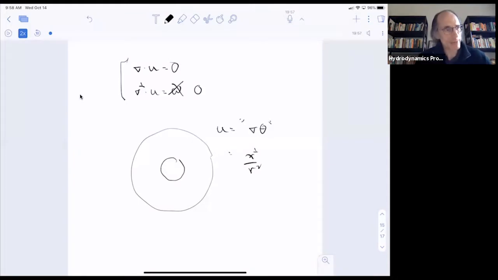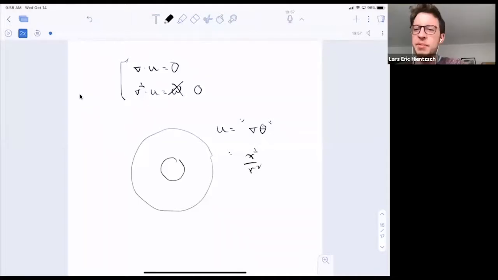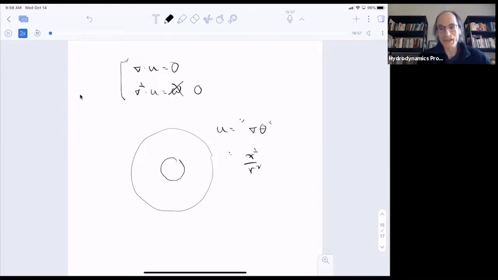Yeah, that's understood. So you could prescribe the circulation, no? That's the circulation, yeah. And so you can sort of decouple the velocity field into two pieces. One would be this piece, and that just sits there, doesn't change. And then the other piece is the piece generated by the vorticity.